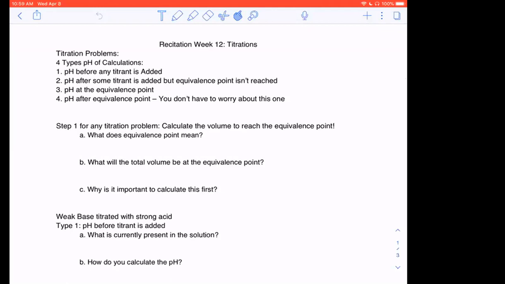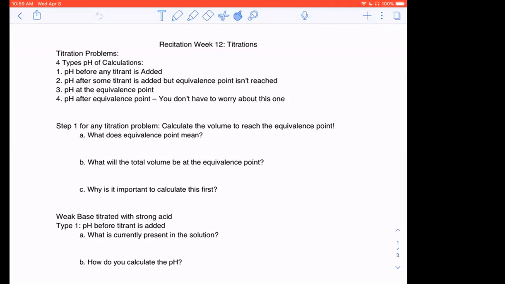So basically today, all I'm going to cover is titrations. There are two types of titrations that you'll really have to worry about: a weak base titrated with a strong acid and a weak acid titrated with a strong base.